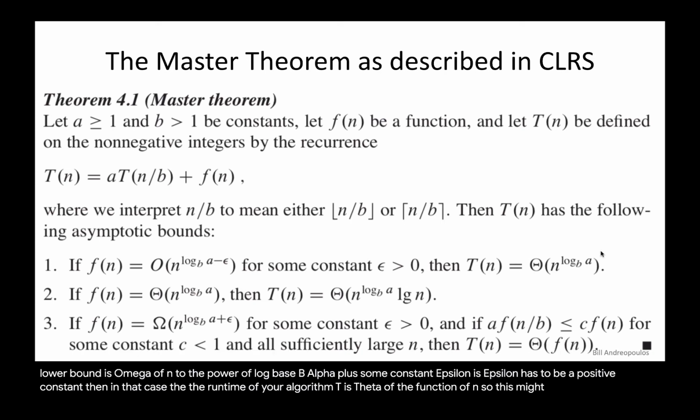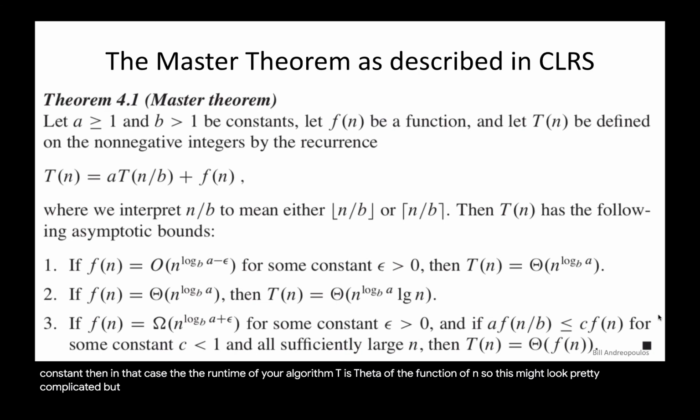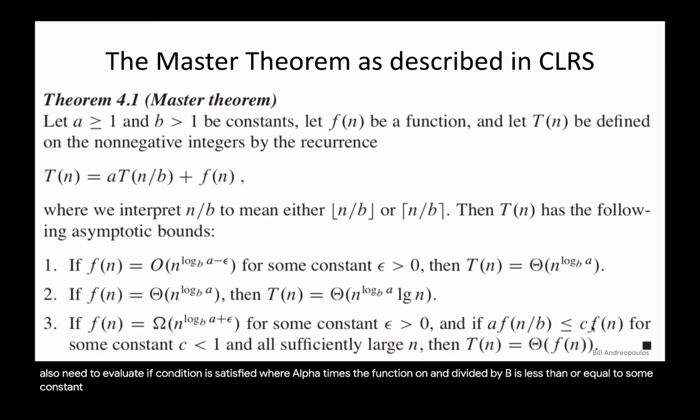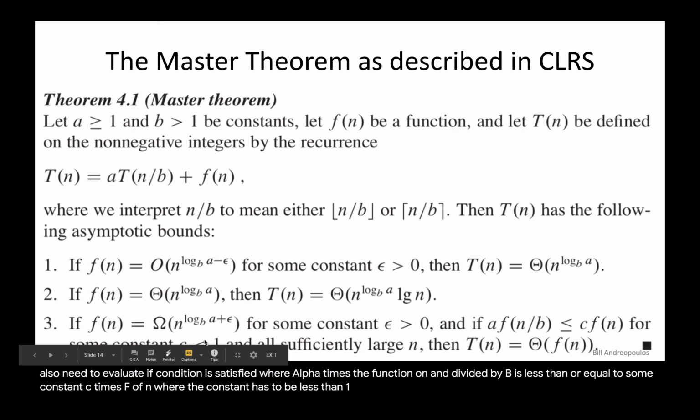This might look pretty complicated, but actually after you solve some problems with the master theorem, it will all be clarified. For the last case, you also need to evaluate if a condition is satisfied, where a times f(n/b) is less than or equal to some constant c times f(n), where the constant has to be less than 1.